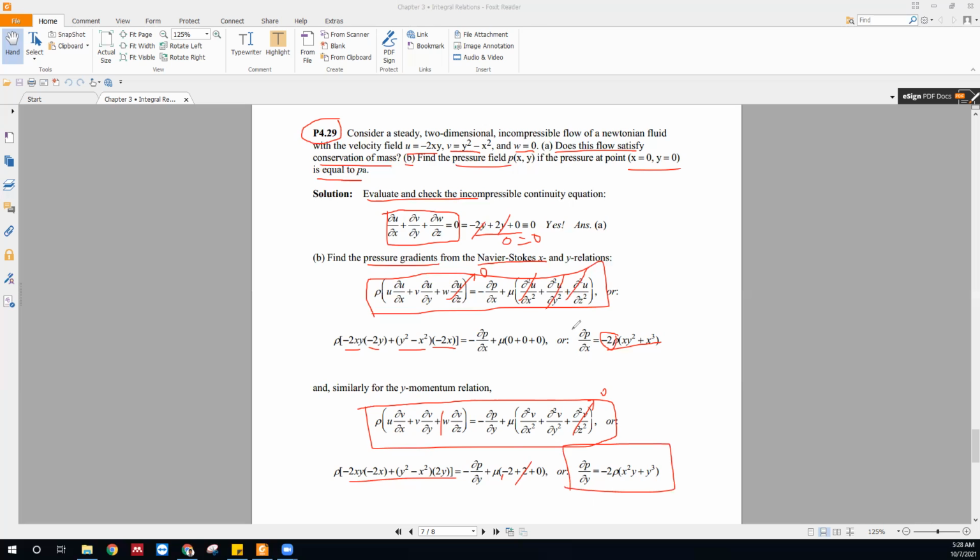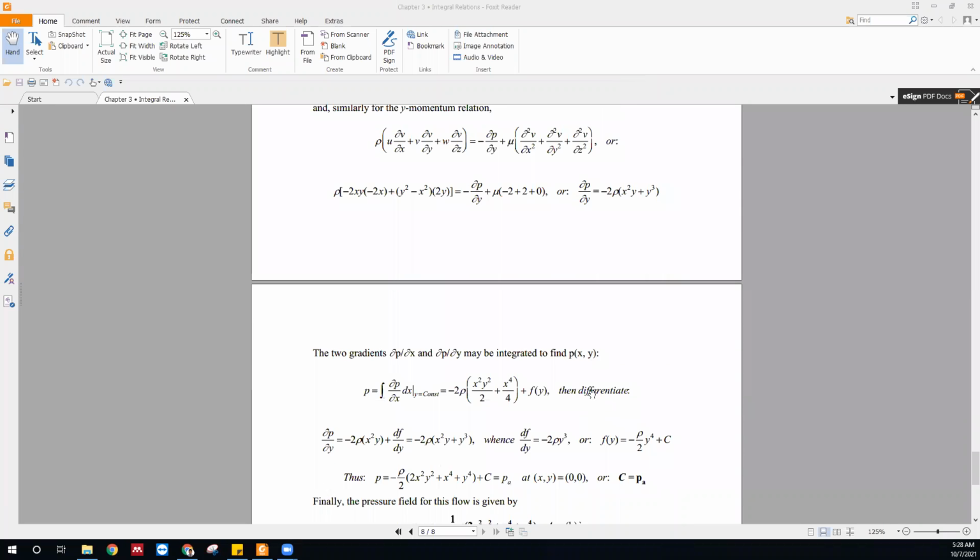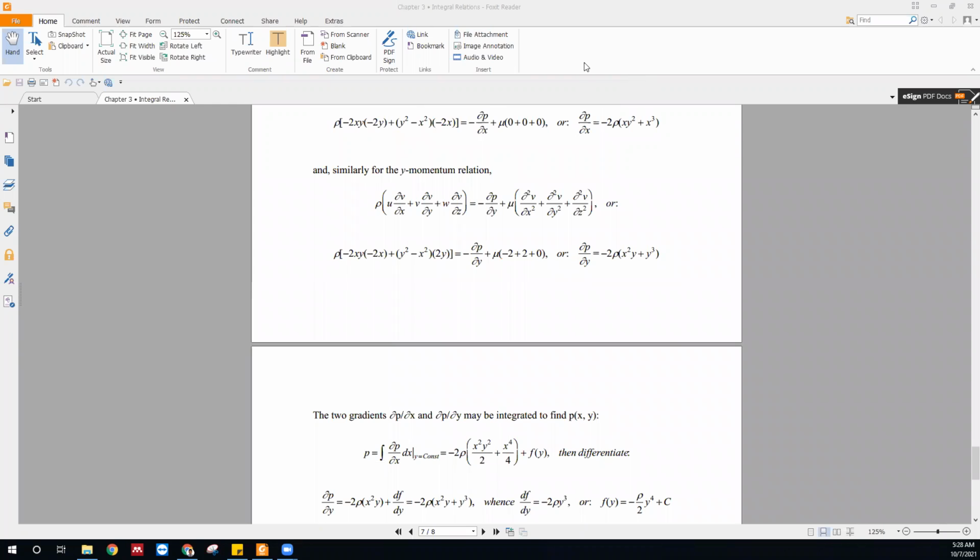So we get two equations, right? Okay. So we get two equations, with respect to x and with respect to y.